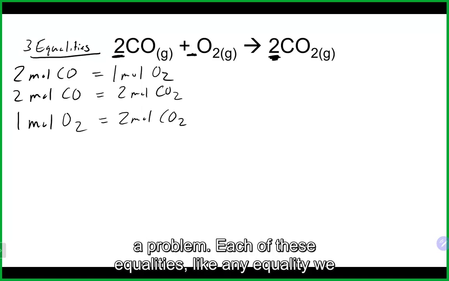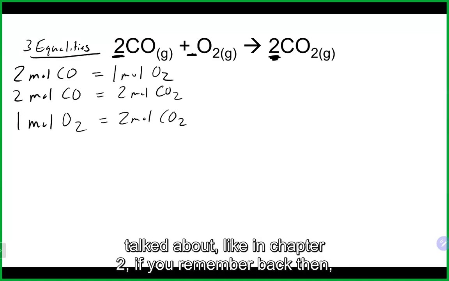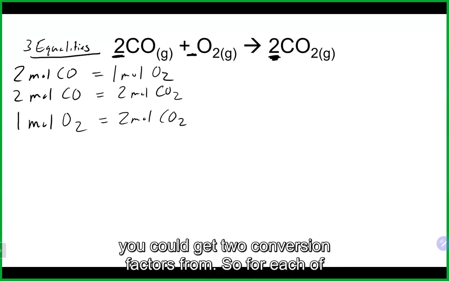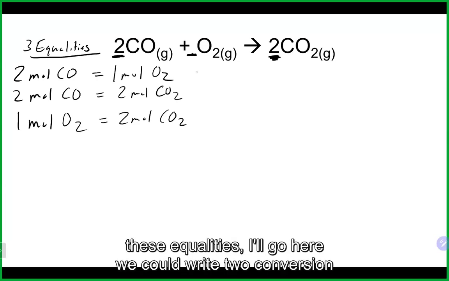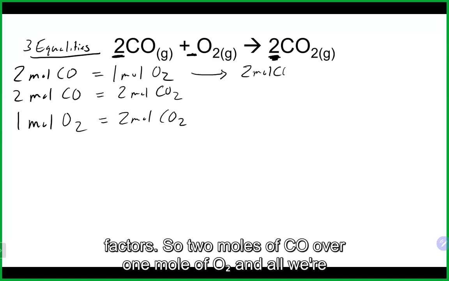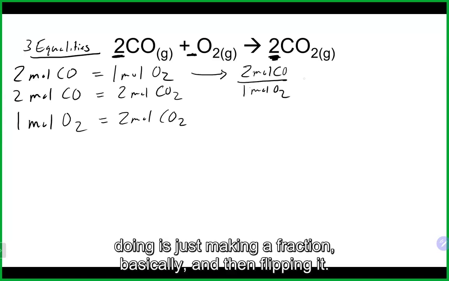Each of these equalities, like any equality we talked about in chapter 2, if you remember back then, you could get 2 conversion factors from. So for each of these equalities, we could write 2 conversion factors. So 2 moles of CO over 1 mole of O2. And all we're doing is just making a fraction, basically, and then flipping it.